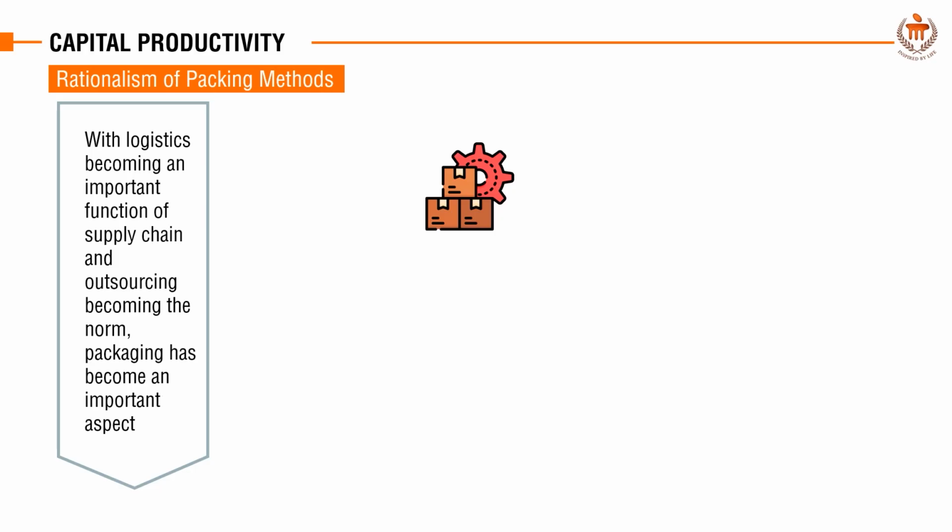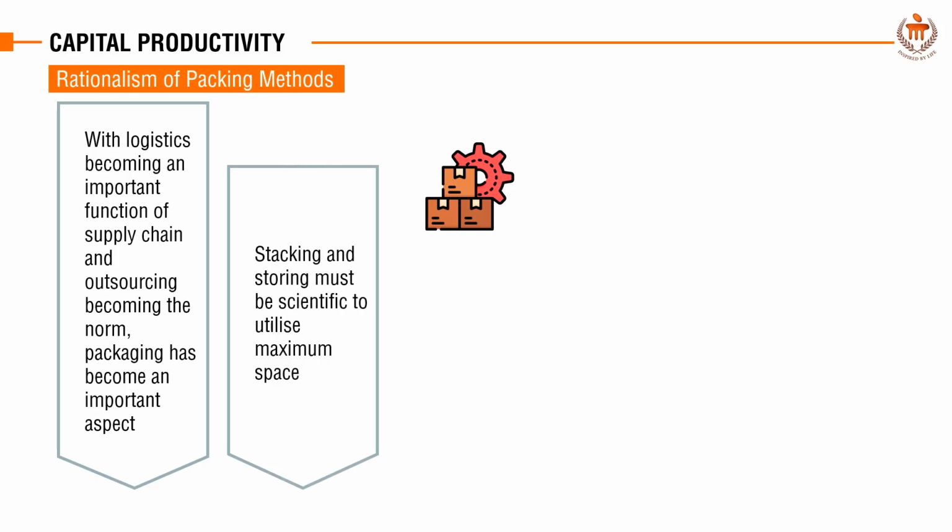As logistics increasingly plays a vital role in supply chain management and outsourcing becomes the standard practice, the importance of packaging has significantly risen. Efficient stacking and storing of products must be approached scientifically to maximize space utilization within warehouses.